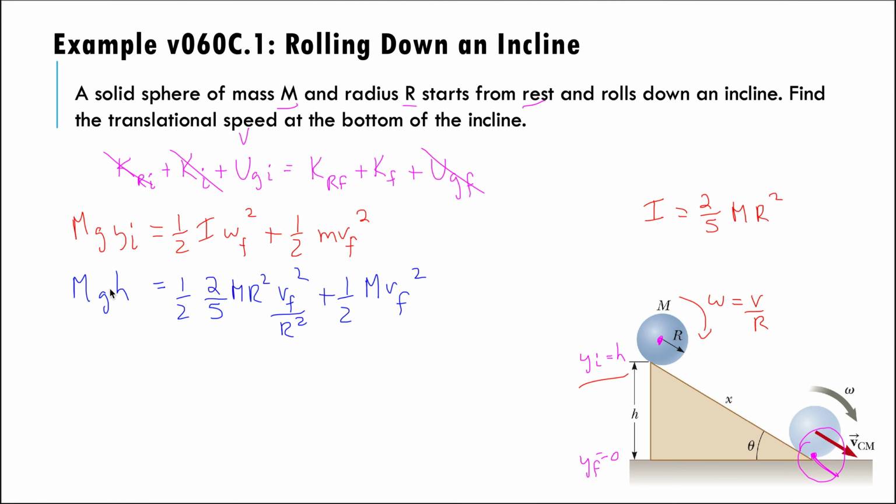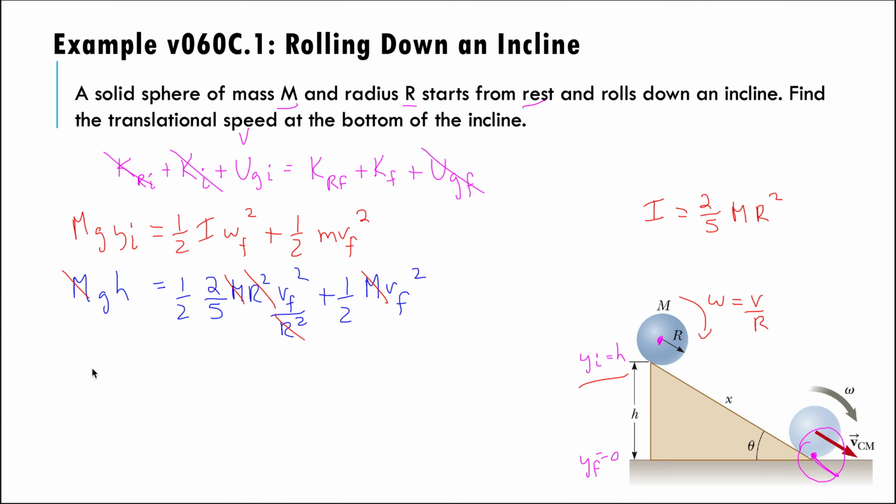It looks like m is in each term, so we can cross it out. So the mass doesn't necessarily affect the speed, although the moment of inertia affects the speed because you see the factor of 2/5 is in here. In this term, we can cross out the r squared as well. So let's see what we have left.